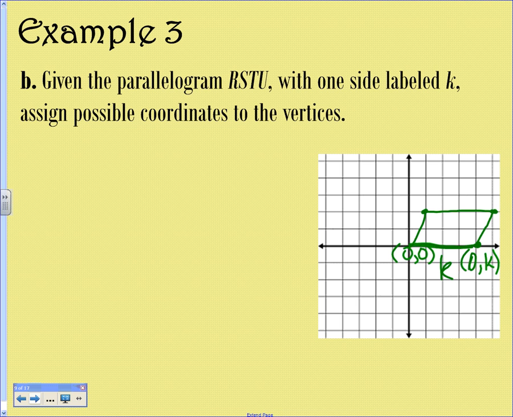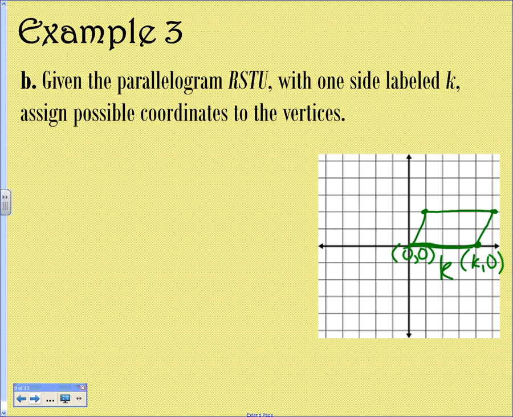Do those two vertices make sense? Yes. Okay. You go over however many, and you don't go up any. You always start by going left or right. So we went over some number, so K, and then we didn't go up any, so 0.